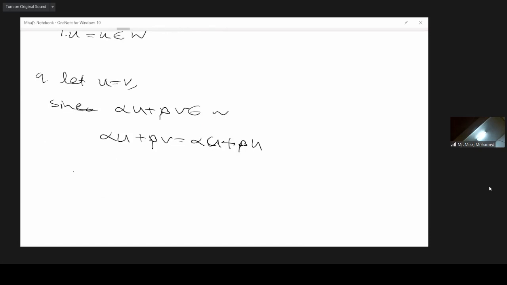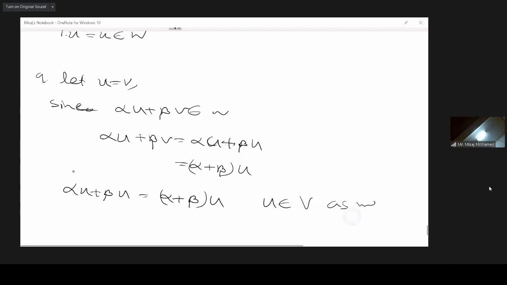Because u and v are the same here, alpha u plus beta u is equal to alpha plus beta times u, because u is an element of V as well. Already u is a vector space element, therefore this is true.